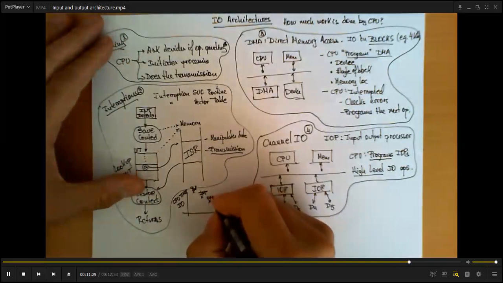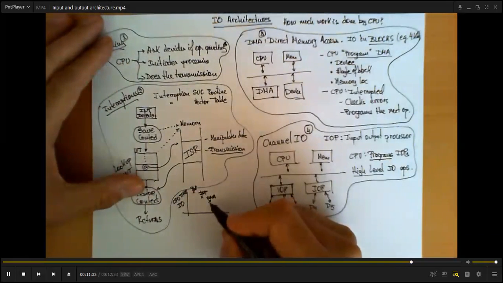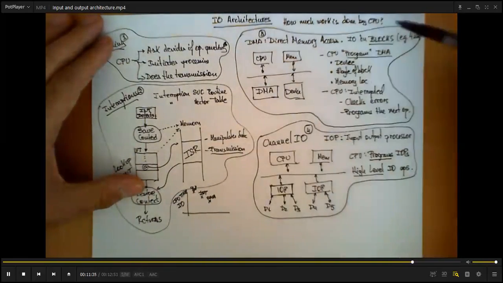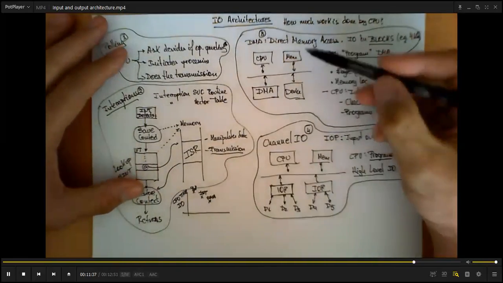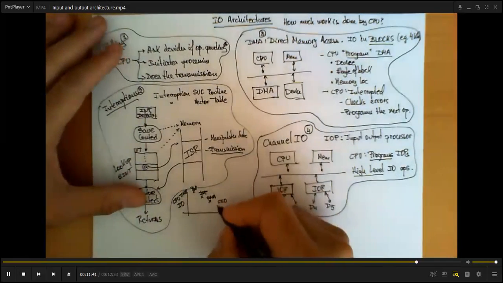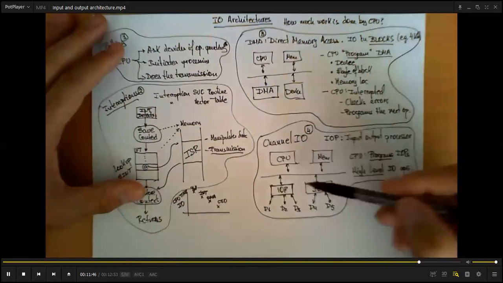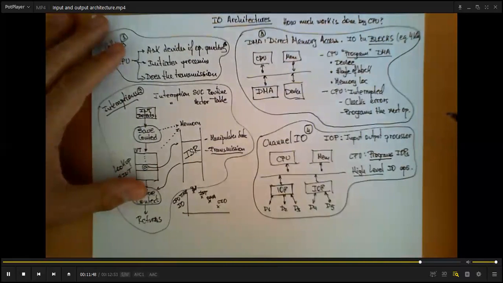DMA would reduce the amount of time that CPU dedicates to input-output because it takes away all the complexity of transferring blocks between the device and memory. And finally, channel input-output would be the lowest one in CPU time devoted to input-output because these microprocessors are capable of executing fairly sophisticated or high-level input-output operations.